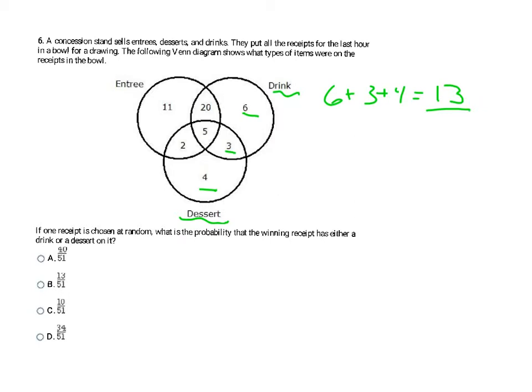And then to get the total number of receipts, I have to add up all 7 of these numbers. So 11 plus 20 plus 5 plus 2 plus 6 plus 3 plus 4, that's going to equal 51. So 13 out of 51 is going to be my final answer.